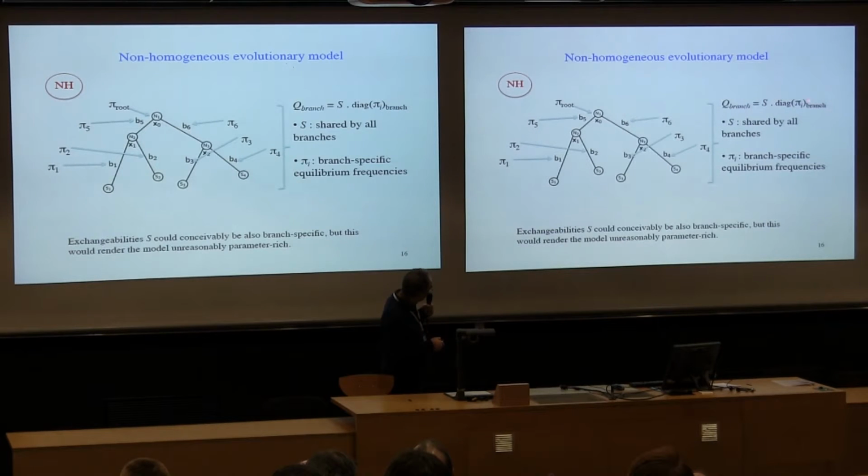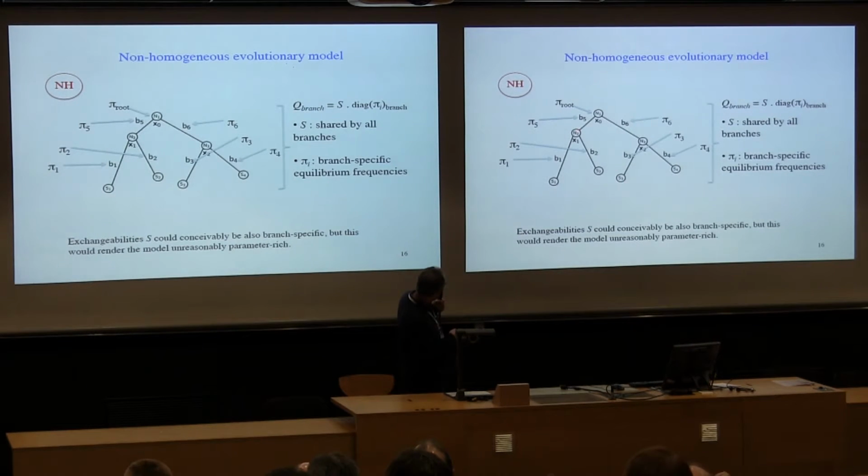And we propose to use a more parameter-rich model in which we eliminate the assumption that the vector of equilibrium frequencies is shared by all branches. Here we construct a model in which there is a vector of equilibrium frequencies for each branch of the tree.